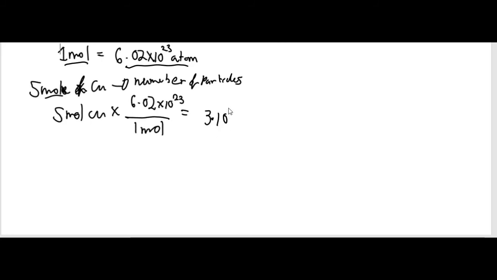So 5 times Avogadro's number is equal to 3 times 10 to the 24th. Here's the final answer. Just get a calculator and multiply 5 moles by 6.02 times 10 to the 23rd, the Avogadro's number.